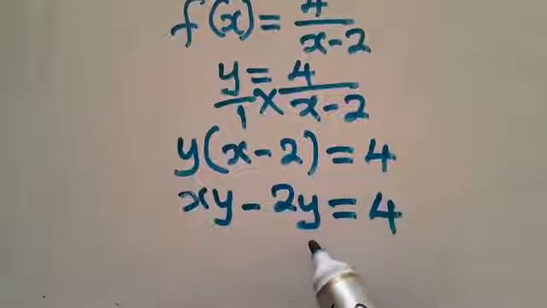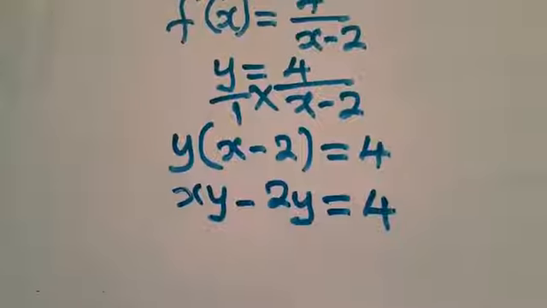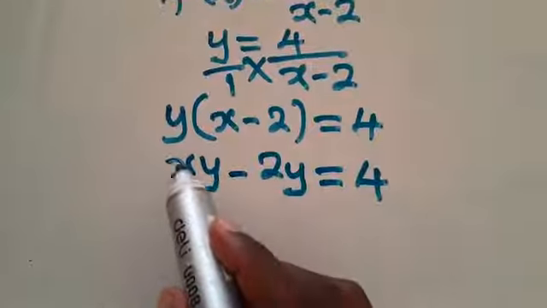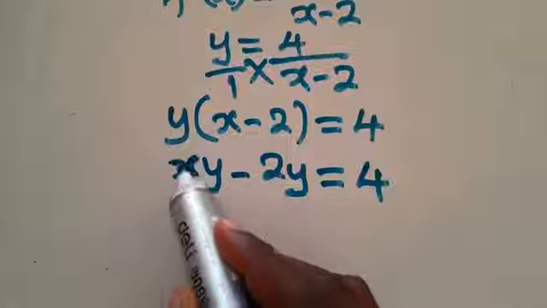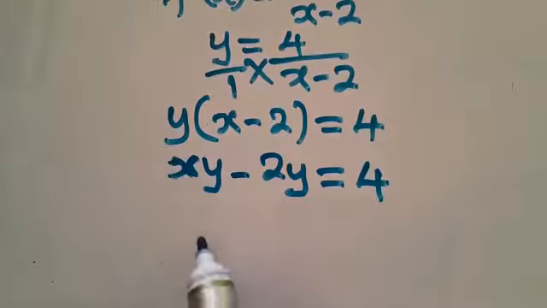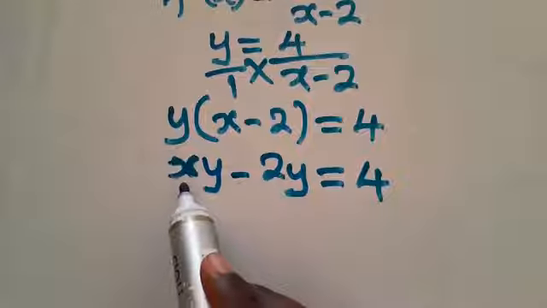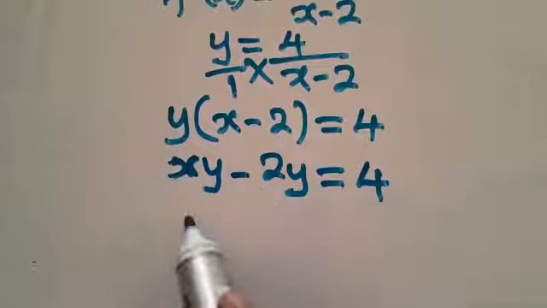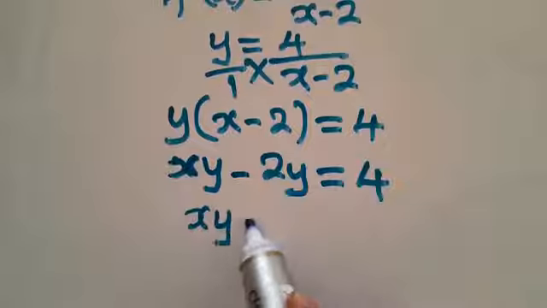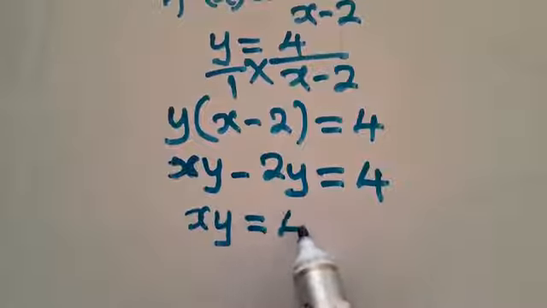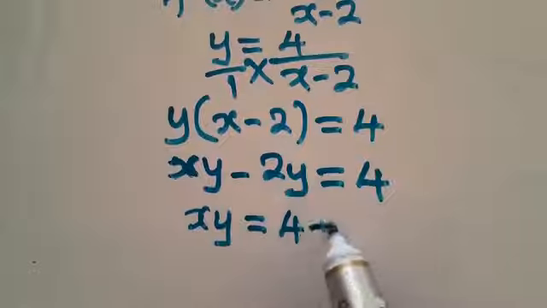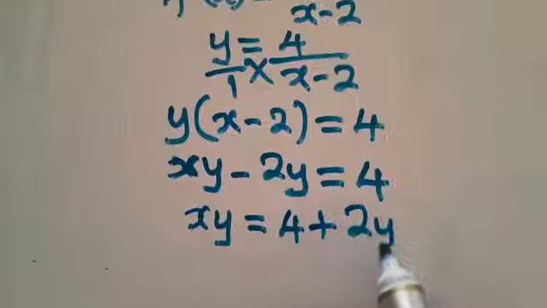Your concentration should not be on the y. Your concentration should be on the x, because you are making x the subject of the formula. So this part goes that side. So xy is equal to 4. When this one comes this side, it becomes positive 2y. Have you seen?